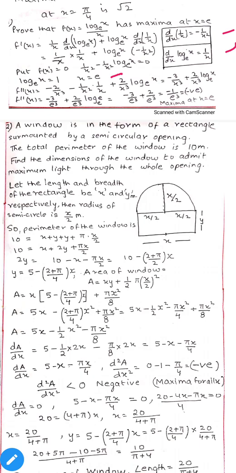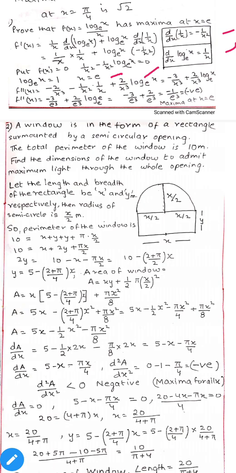Double differentiate it. Derivative of 1 upon x square is minus 2 upon x cube. In minus 1 upon x square and log x, we use product rule. Minus 1 upon x square into d by dx of log x is 1 upon x, and derivative of minus 1 upon x square is plus 2 upon x cube.